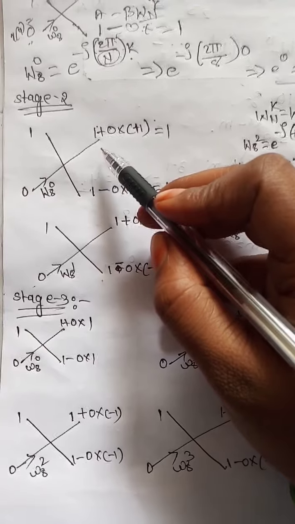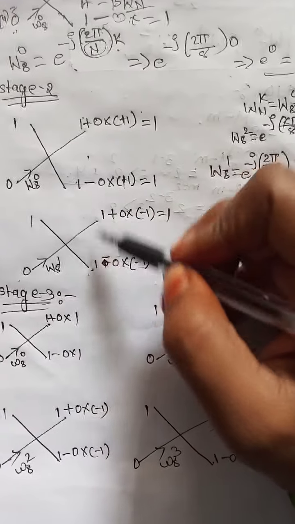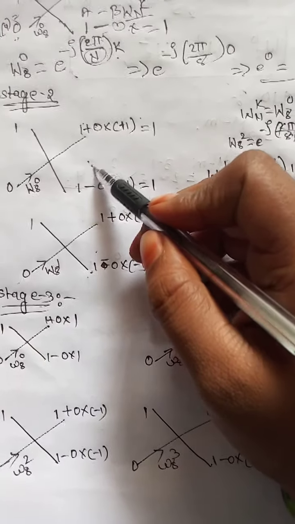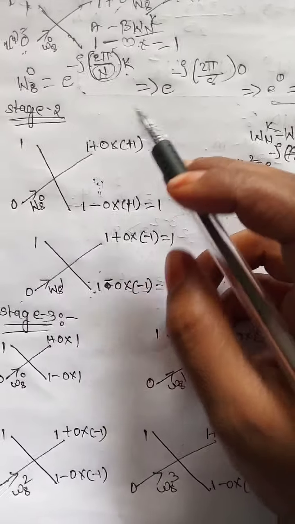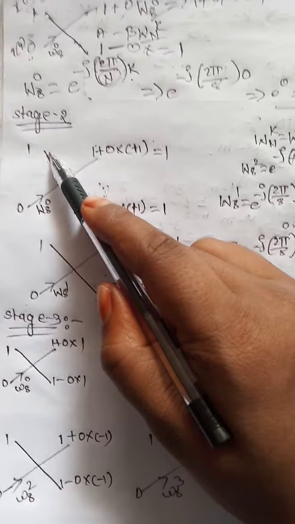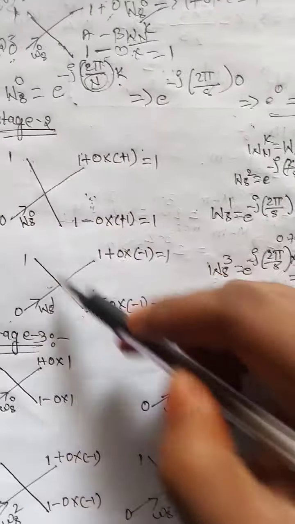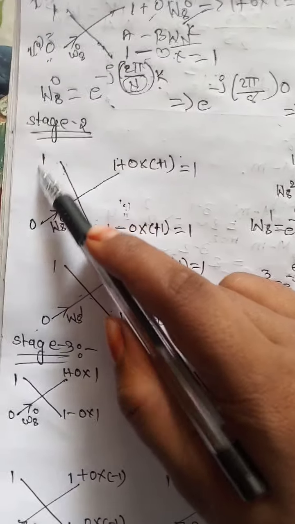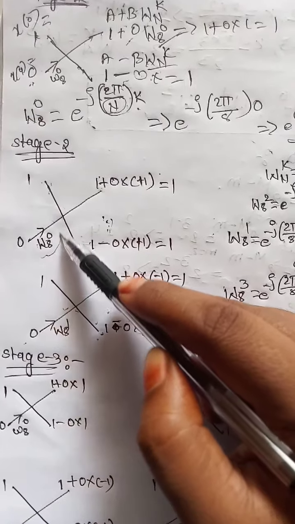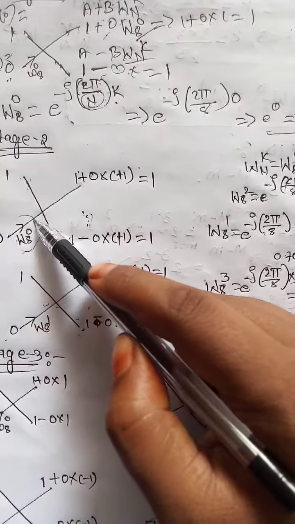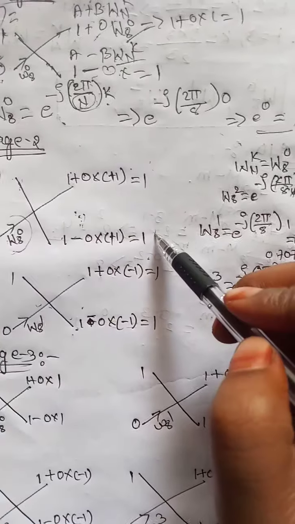For stage 2 we are having two twiddle factors, and these two twiddle factors are repeated 2 times. For these two butterflies the inputs are 0 1 0, and for one of them the twiddle factor is W8 of 0. Here the outputs are 0 0.